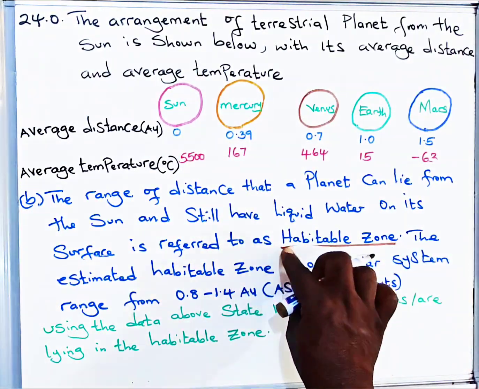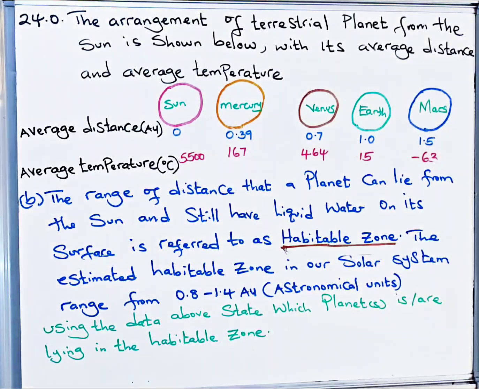So the habitable zone is the distance from the sun where a planet can lie and still have liquid water. You have to remember that the presence of liquid water is a key factor in determining the presence of life. The estimated habitable zone in our solar system is from 0.8 to 1.4 AU, AU standing for astronomical units.